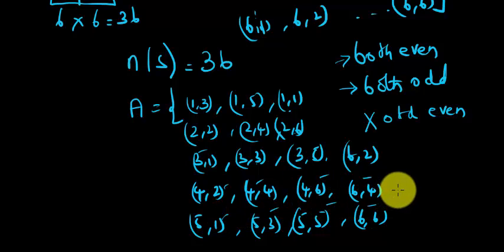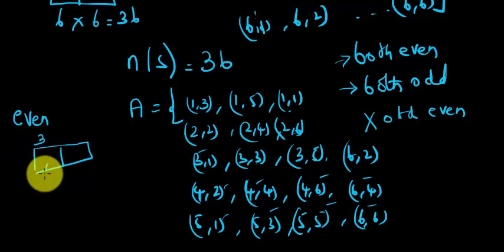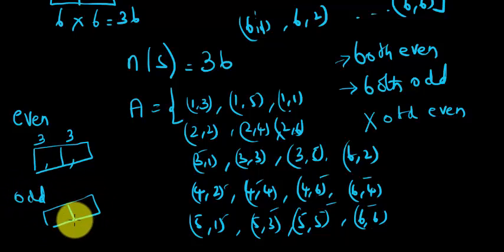Okay, 18 possible options. This I can also do the permutation and combination way. I'm going to consider two situations. First, I fill the boxes only with even numbers: 3 even numbers here, 2, 4, or 6, and again 2, 4, or 6 here. Now what if I have to fill both of them with odd numbers? Then 3 options here, 1, 3, or 5, and again 3 options here, 1, 3, or 5. So how much is 3 into 3?